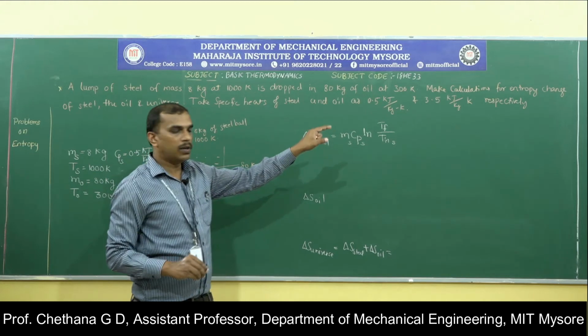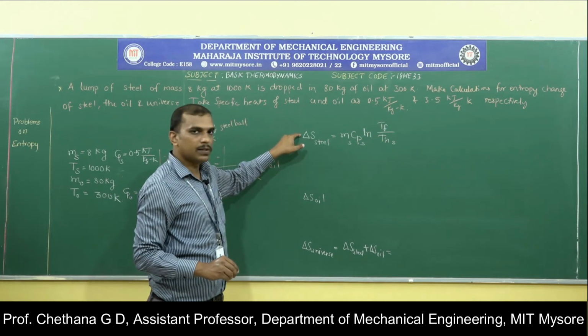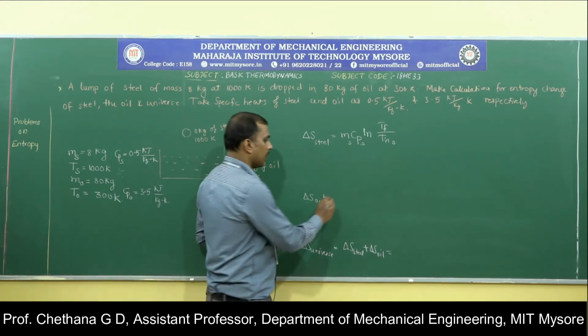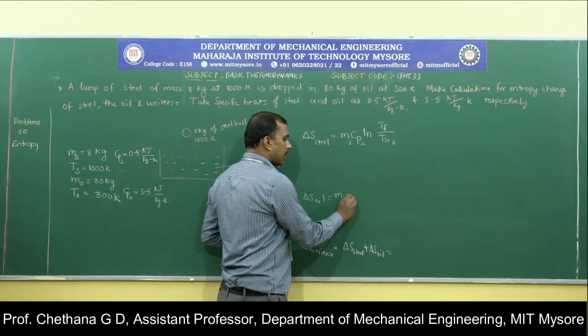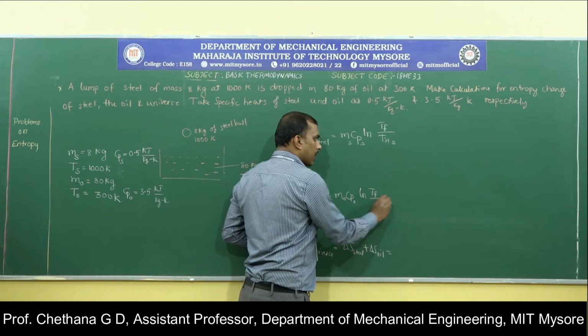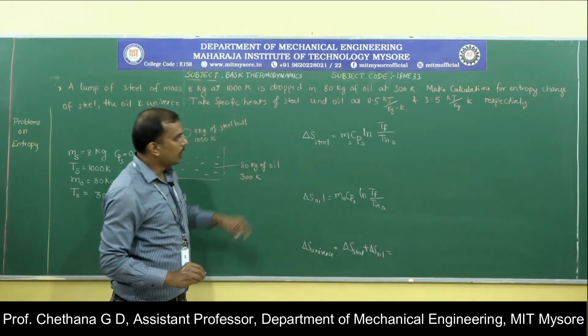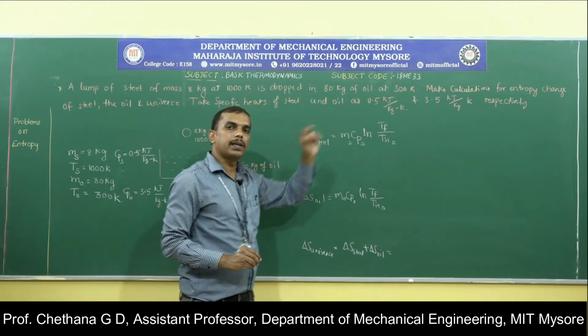So T final you need not specify as TFS. TF for this is also the same. So here you can write mass of oil, Cp of oil, ln of T final by T initial of oil.